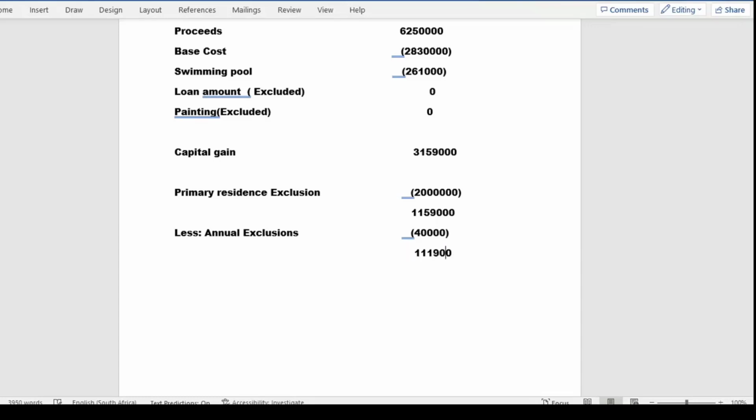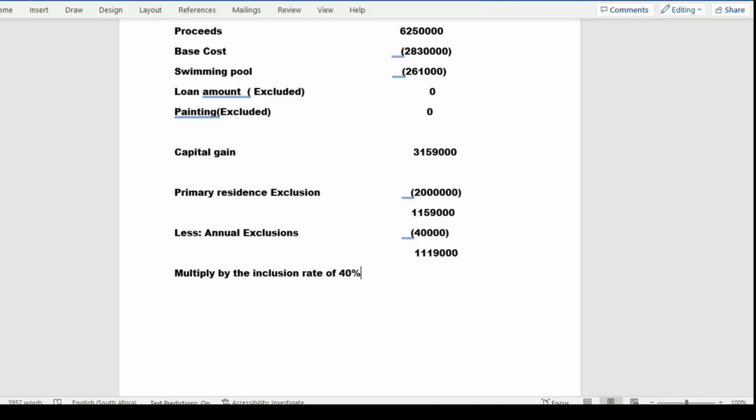1,119,000. Thank you. Then you're going to multiply that by the inclusion rate, which is 40%. Always, our capital gain is calculated at 40%.